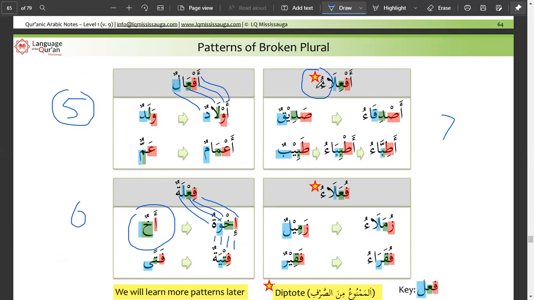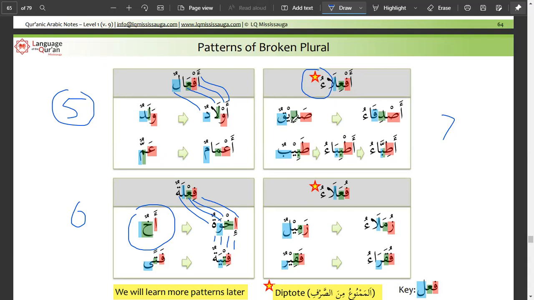Mamnu min as-sarf, they don't have tanween. You will learn about the mamnu min as-sarf in the last 2 lessons of this book. So the sign and symbol of the mamnu min as-sarf is that they don't take tanween.